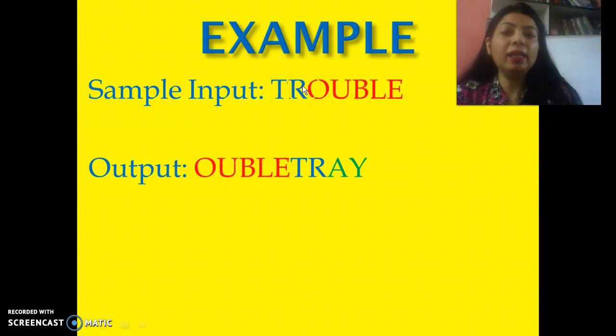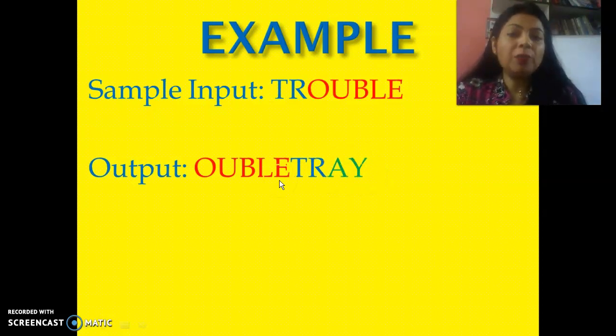OUBLE. Then you add whatever the remaining portion, that is the first portion, TR here, and AY is common for all Pig Latin forms. That means for each and every word in the output you have to add this fixed two-letter AY.